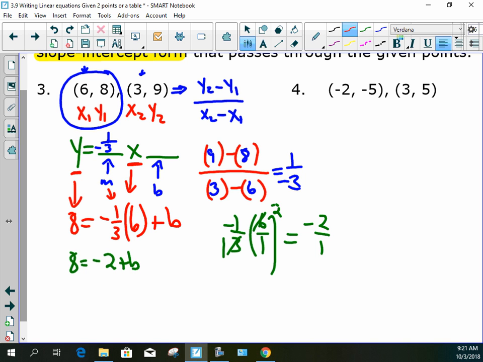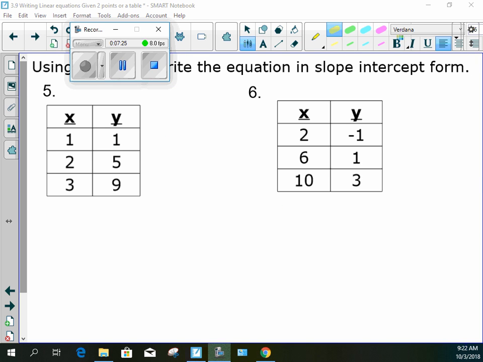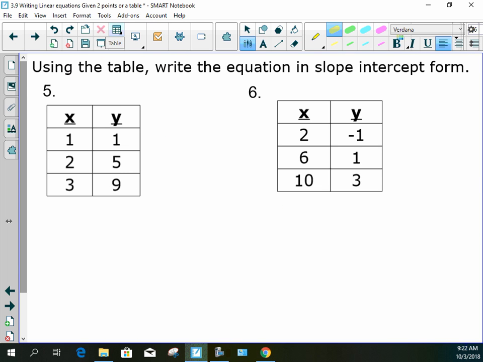Now I add 2 to both sides. 10 equals b. So I come up here and I go plus 10. Okay, so those are the steps. We're going to go to number 5. Guess what?